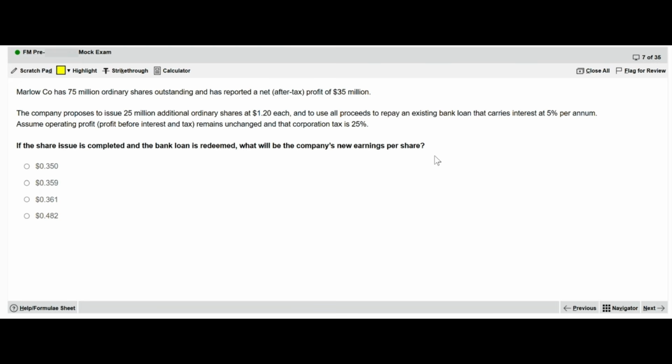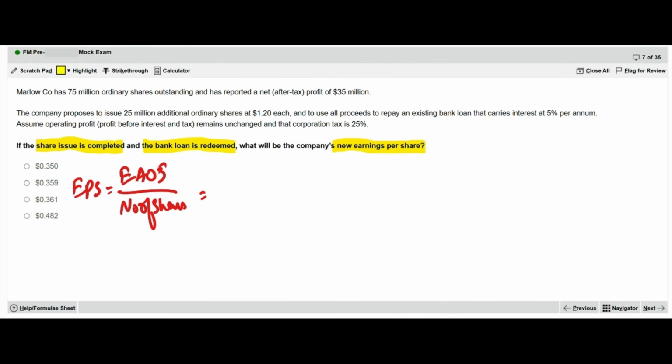The requirement of this question is to calculate the new EPS of the company. New EPS after what? There is issue of shares and the bank loan is redeemed. The formula for EPS, earnings per share, is the earnings attributable to ordinary shareholders divided by the number of shares.